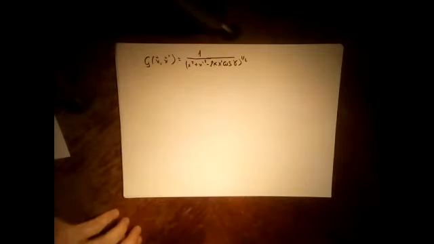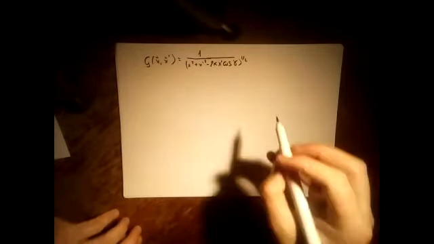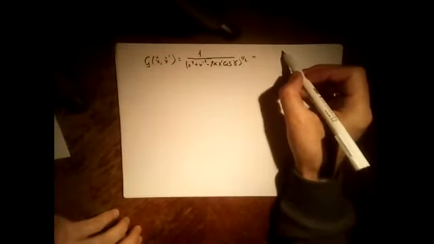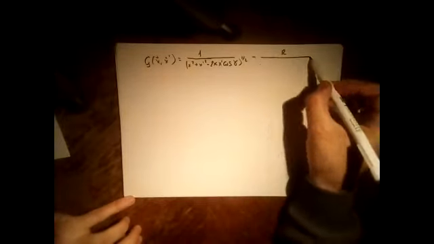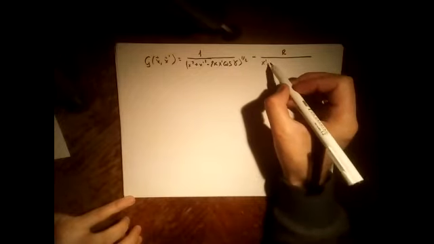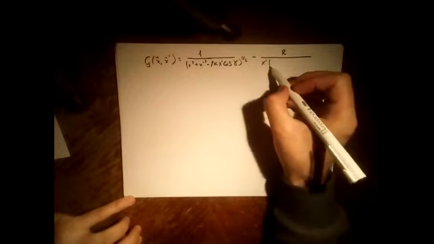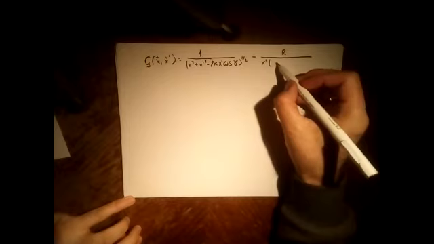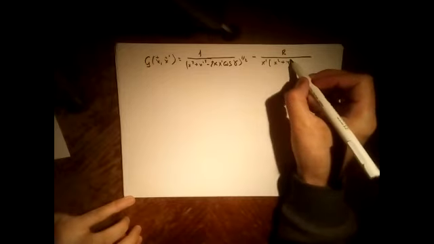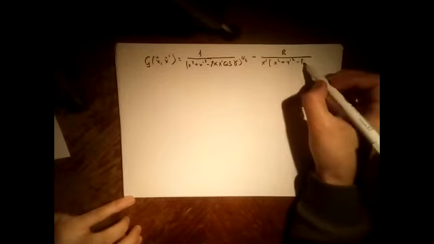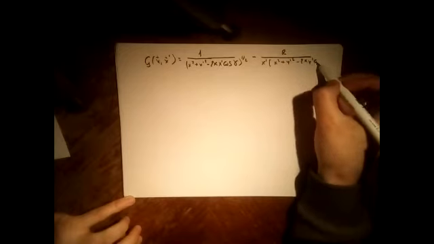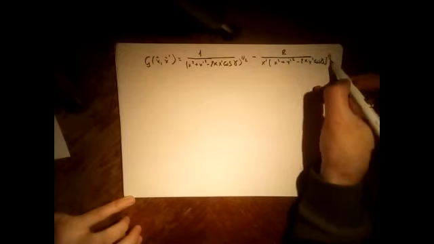Okay, and the Green's function has a second term, which is minus r divided by x prime, and then here we would have x squared plus y prime squared minus 2x y prime cosine gamma, to the 1/2.